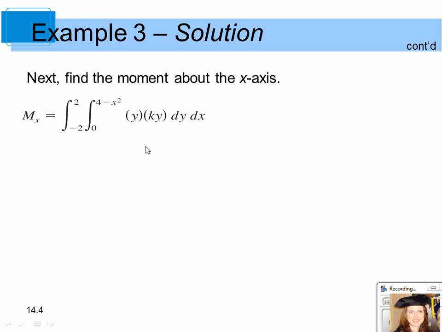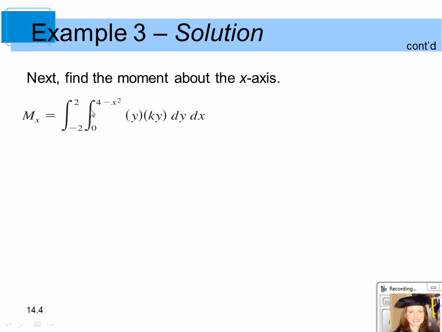So the moment of mass about the x-axis uses the same bounds of integration that you used to find mass. It's the distance from the x-axis, which is y, times the density times the differential area.